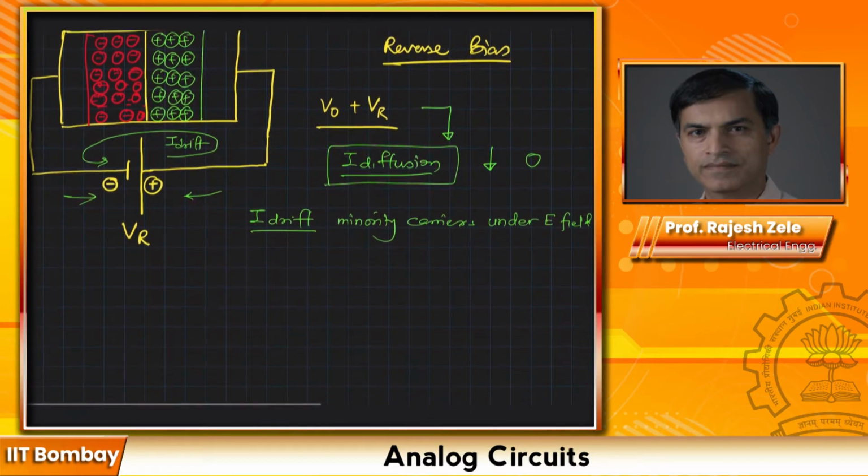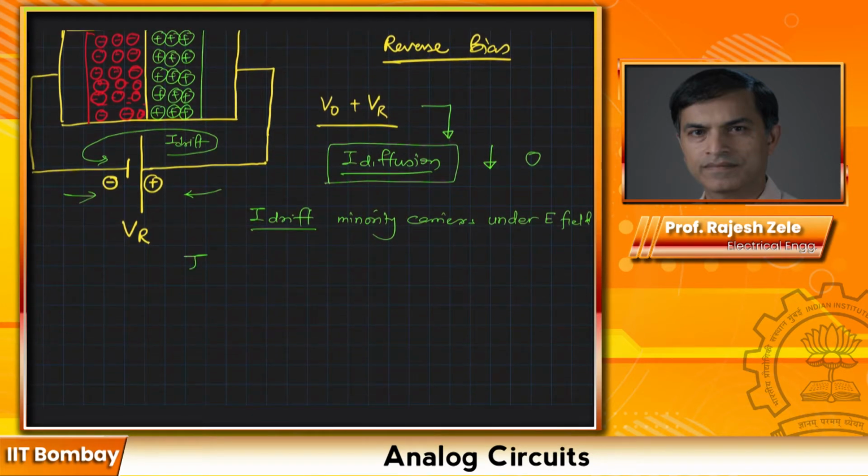Okay, so we can write I reverse bias is equal to I drift. Now this is still not that interesting because there is no current flowing, and the current which is flowing in the reverse bias case is again really small.